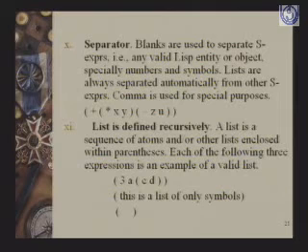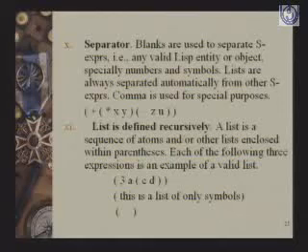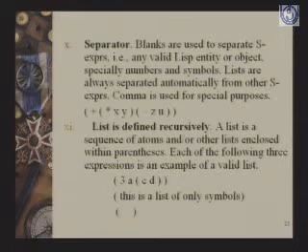So the list 3 a (c d) contains three top elements, namely 3 is one element, a is the second element, and the list (c d) is the third element. However, the list (c d), which is an element of the main list, has two elements. Similarly, there is another list. This is a list of only symbols. And lastly, there is an empty list which does not contain any element.